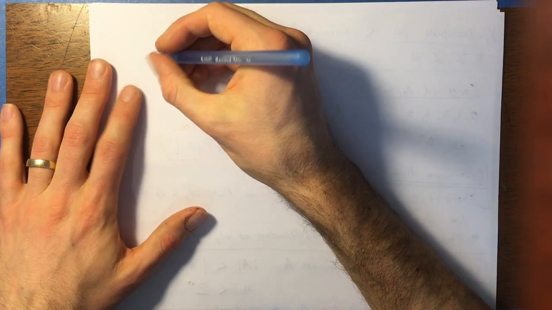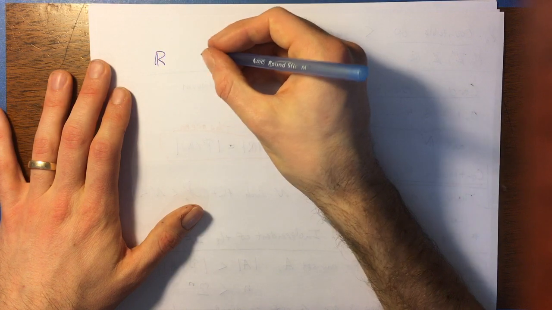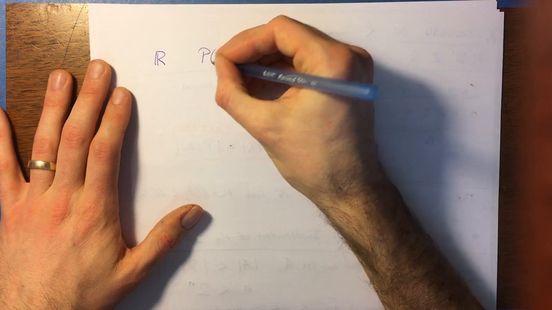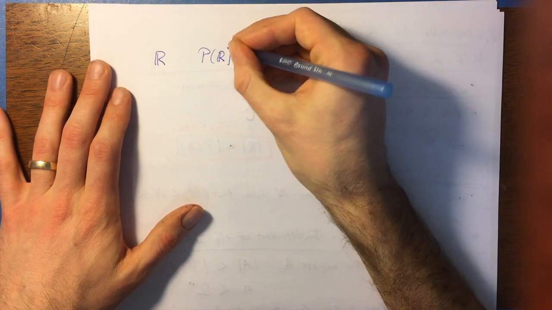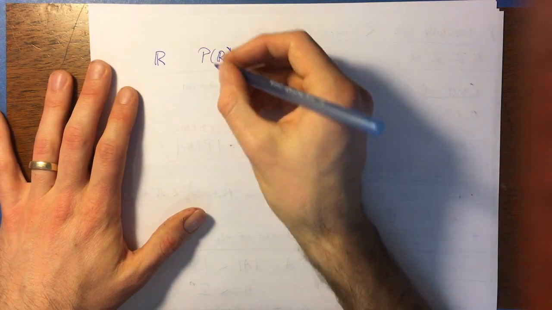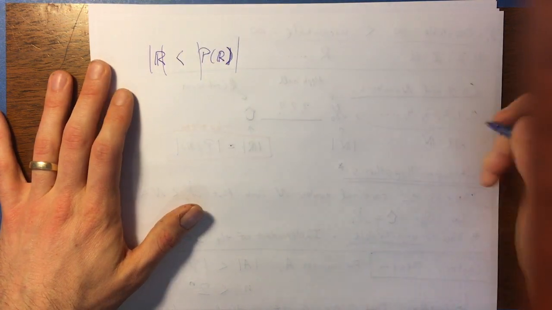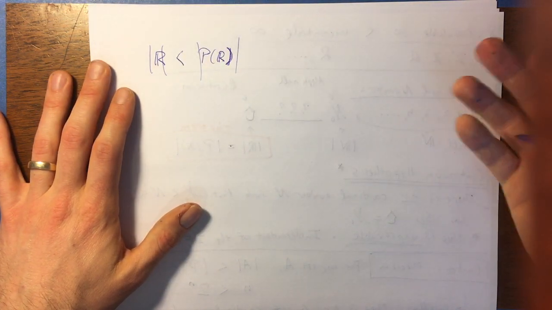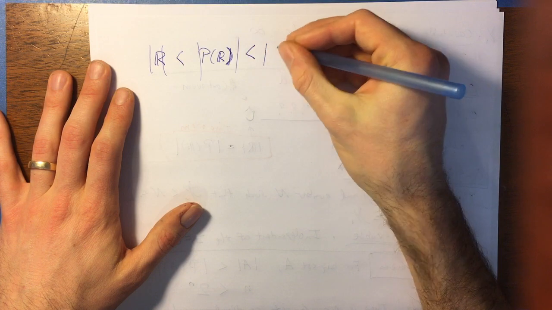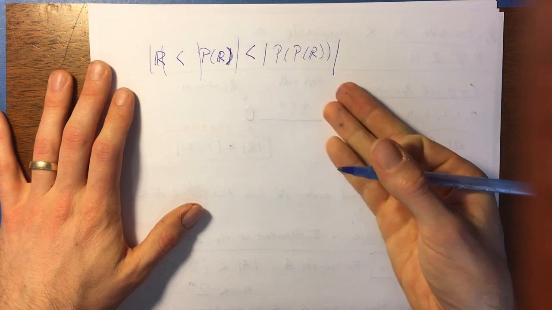So, say you want to find a set larger than the real numbers. Well, it's easy. Just take the power set of the real numbers. Think about the set of all subsets of real numbers. That is guaranteed by Cantor's theorem to be bigger. And say you want to find another bigger set after that. Just take the power set of that set, and you're guaranteed that it's going to be bigger.